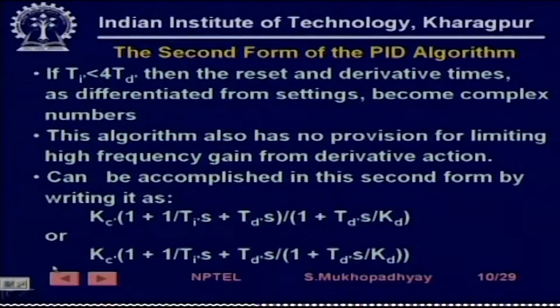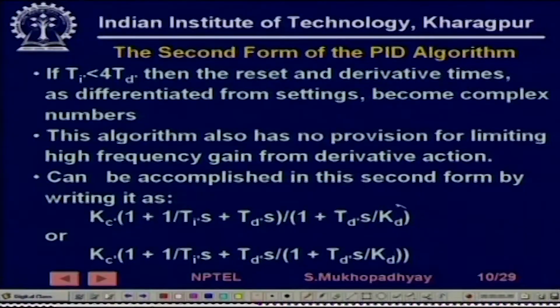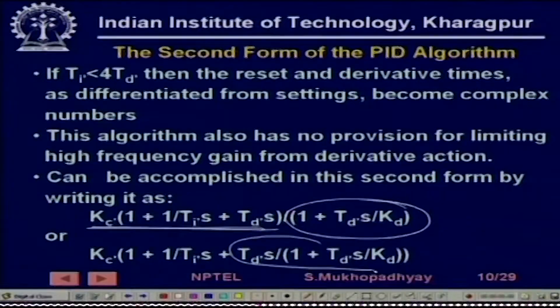So, there is a need to restrict the high frequency gain of the derivative, so that noise is not amplified while the process signal gets differentiated. That is possible in the first form, while in the second form it is as such not possible, but you could add such factors. For example, you could add that factor by adding such a term with the overall equation, or by adding that term only with the derivative part, one of these two things you can do.